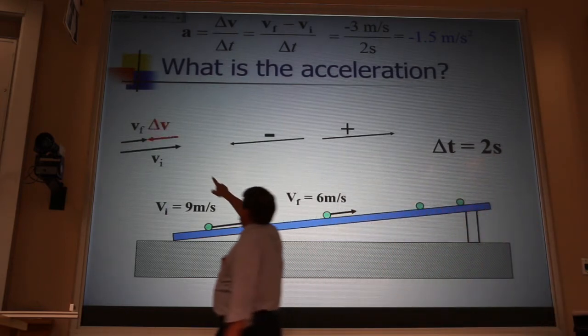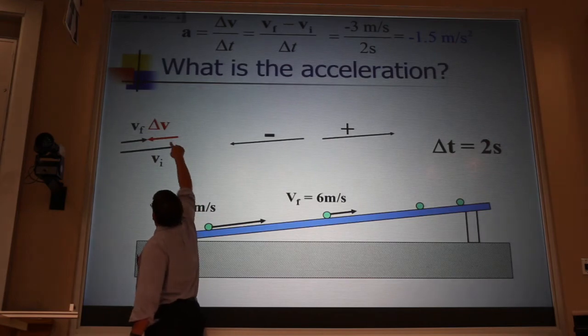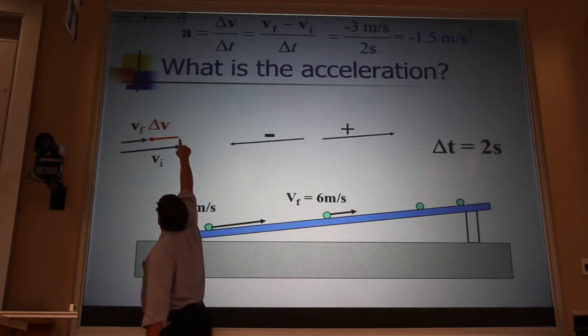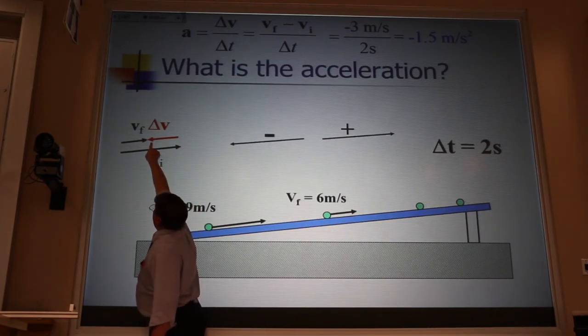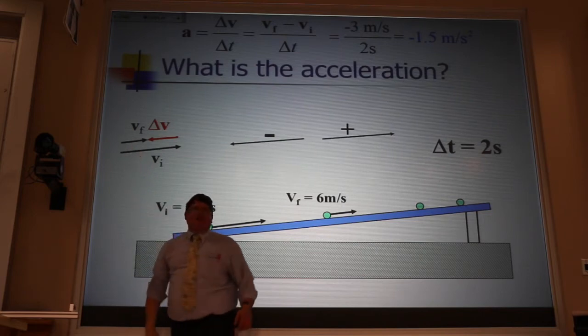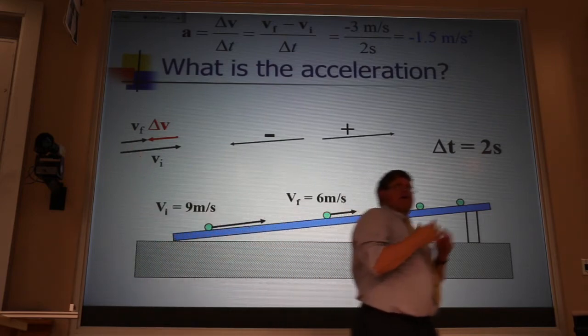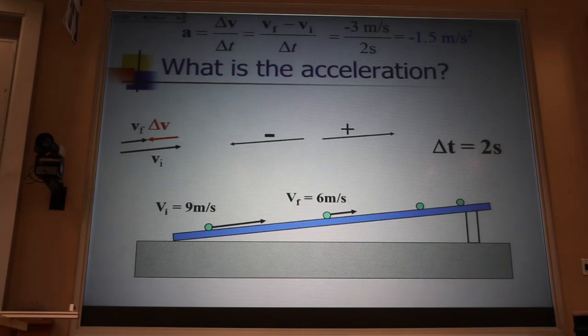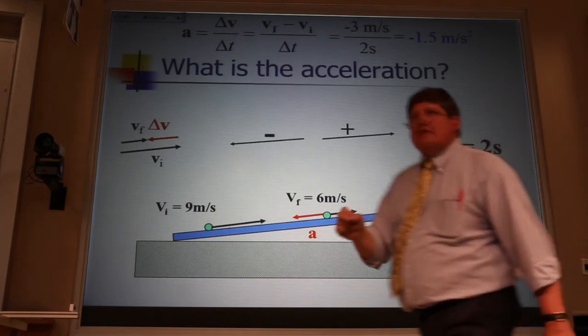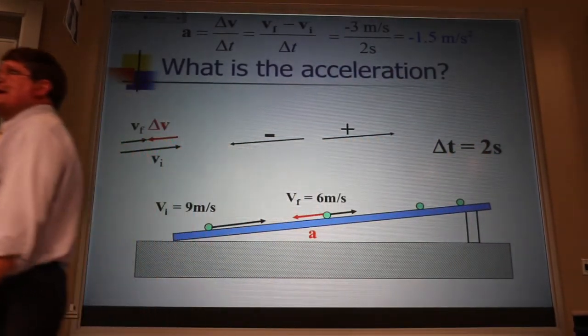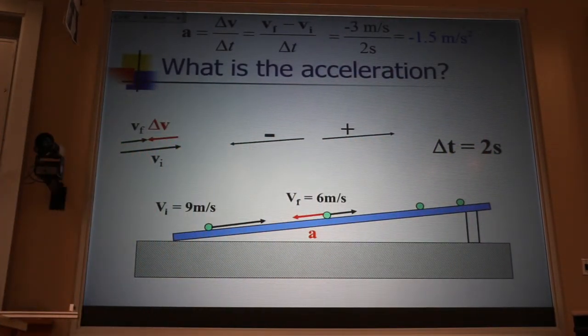Well, the addition, the plus sign is right there. This long vector plus this vector in the opposite direction gives me the final vector. Now, if that change in velocity vector is down the ramp, the acceleration vector has to be, no other possibility, must be down the ramp.